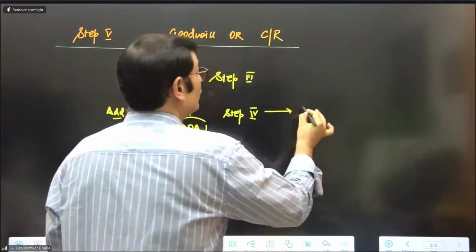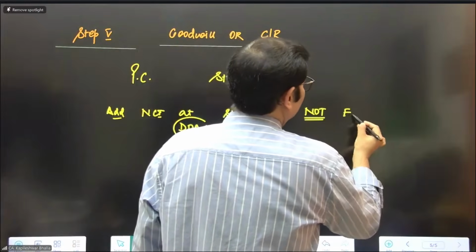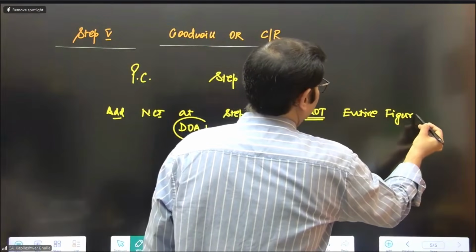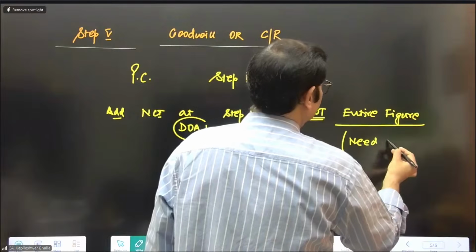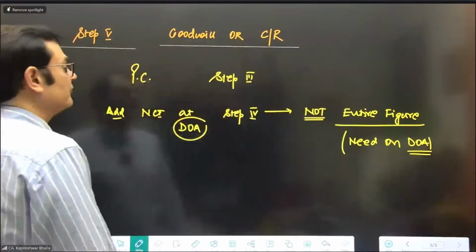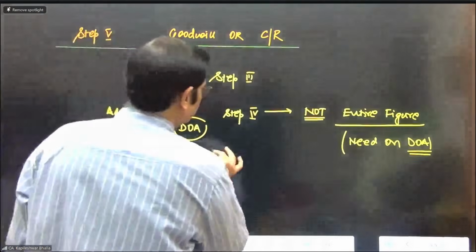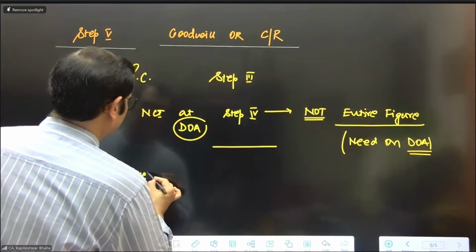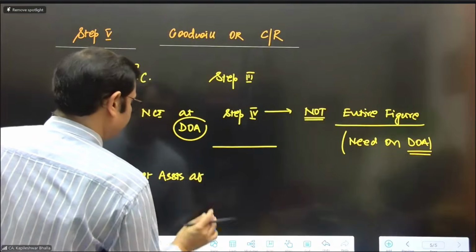And just to make a mention, not the entire figure. We don't need to pick up the entire figure. We just need the information on the date of acquisition. So that is on the addition. Once you add this, then we're going to make a reduction in terms of net assets at fair value.